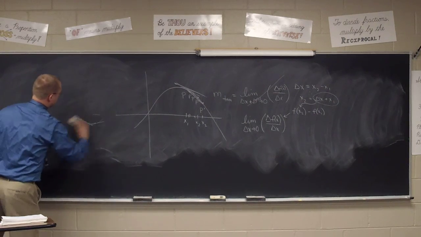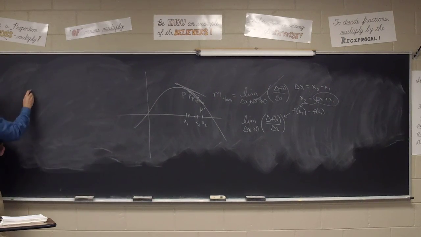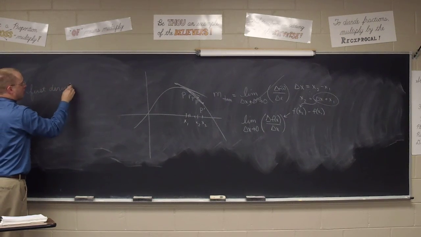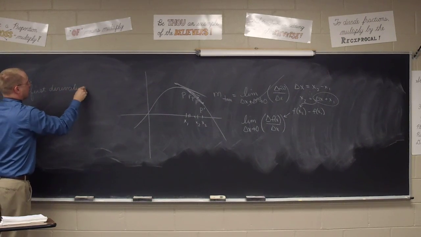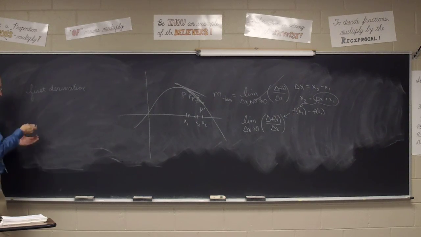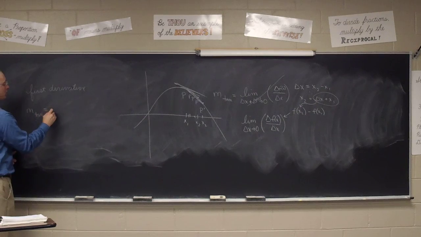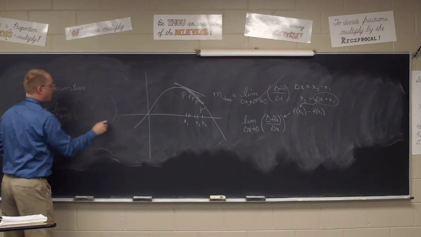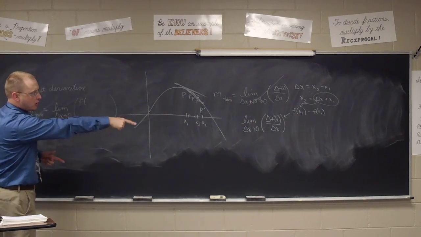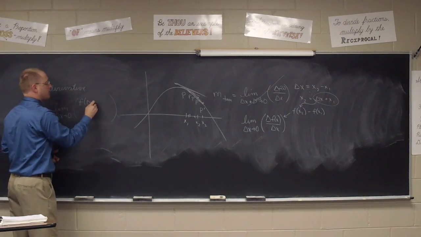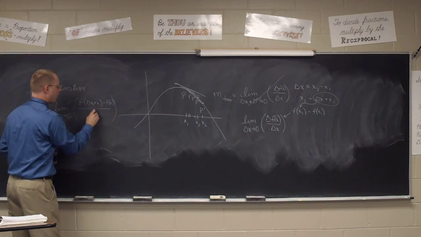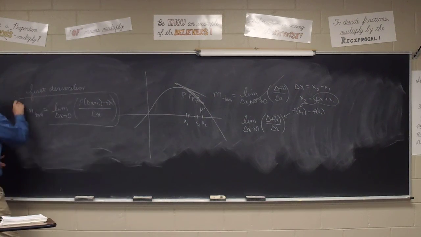And this gets us the equation in the form I want you to memorize. This is called our first derivative equation. Let me write that term for you. First derivative equation. And it's that the slope of the tangent line at any point on a curve equals the limit as delta x approaches 0 for f of, and instead of x2, I'm going to replace it with delta x plus x1 minus f of x1 all over delta x.